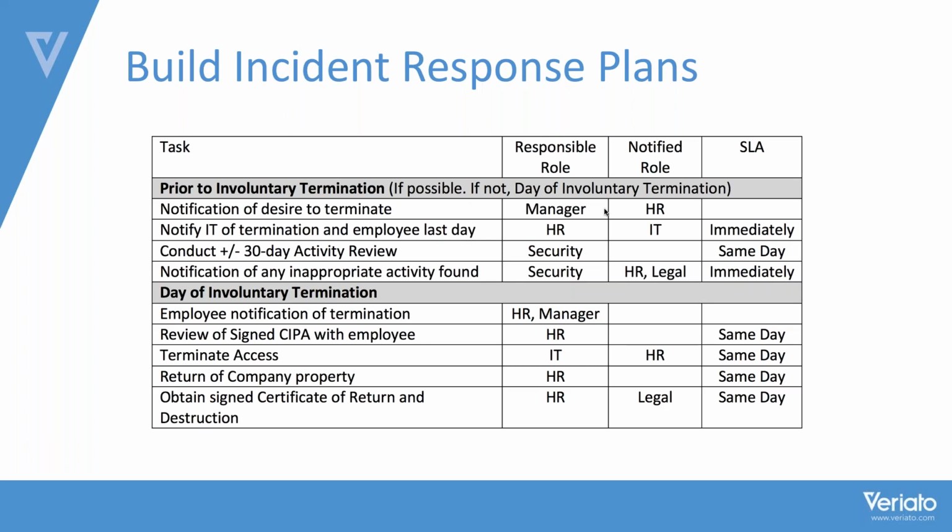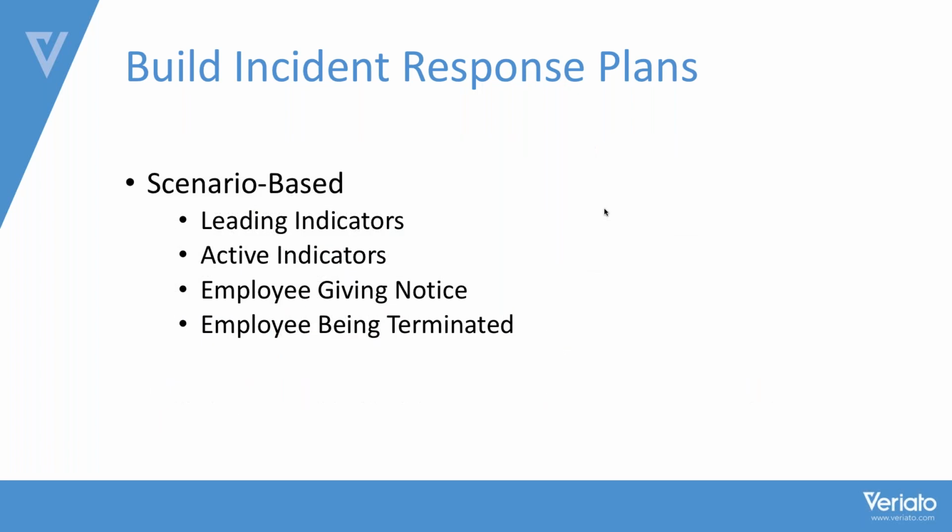Then we have conducting a plus or minus 30-day activity review, meaning we need to check what they've been doing the last 30 days, because we're firing them, to make sure they haven't done anything wrong. The security team's got to do that. And if they find anything bad, then they need to notify HR and legal immediately. So this is just an example of what you've got to build for those scenarios that you come up with, based on the goals you have for the program.